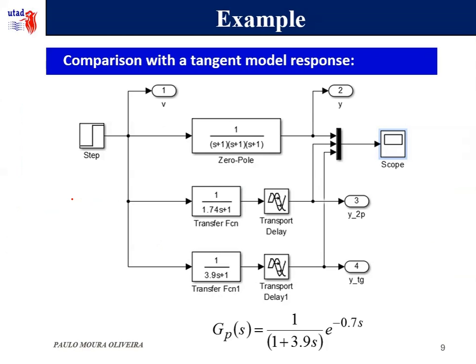Now if you compare the two-point model response with the tangent model response and the third order pole system response, we obtain the following plots.